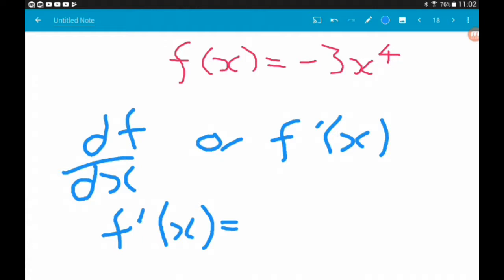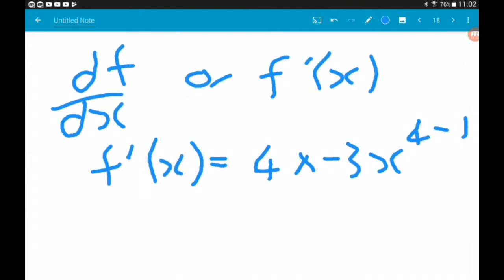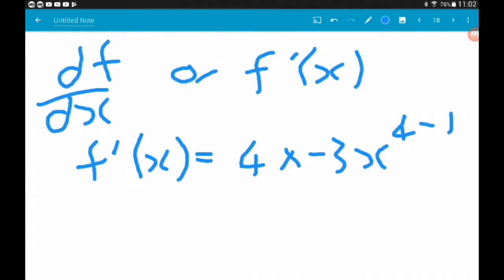So that is going to be 4 times minus 3x to the 4 minus 1. Now 4 times minus 3 is minus 12. So we got minus 12x to the 4 minus 1. So that's going to be minus 12x cubed. Good times.